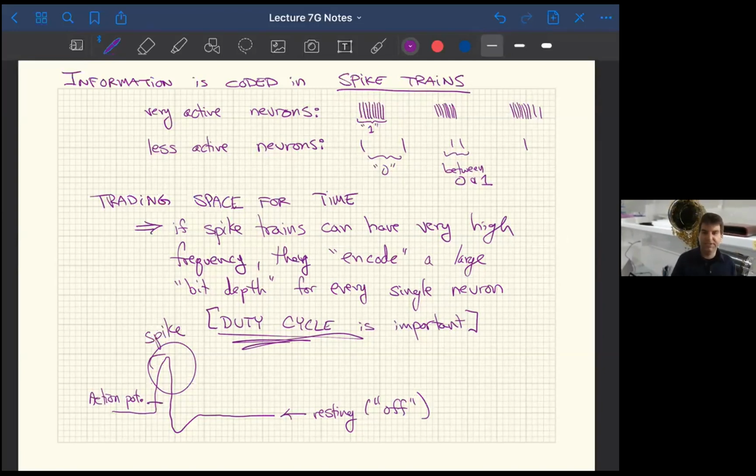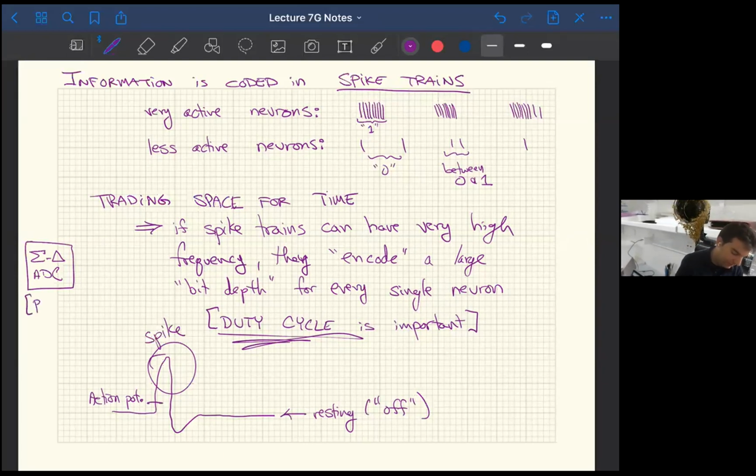Those of you who've ever taken a signal processing course might have heard of sigma delta analog to digital converters, and this is one example of this. In general, for those of you who've maybe done robotics, you might be familiar with pulse width modulation.